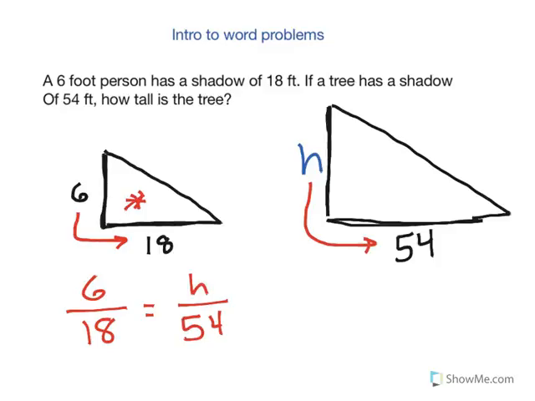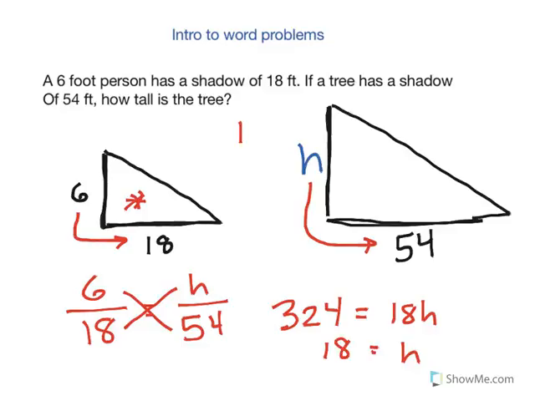And I'll take 6 times 54, 324, and then 18 times h. Remember, cross multiplying, and then divide both sides by 18. And it happens to be 18. So the height of the tree is 18.